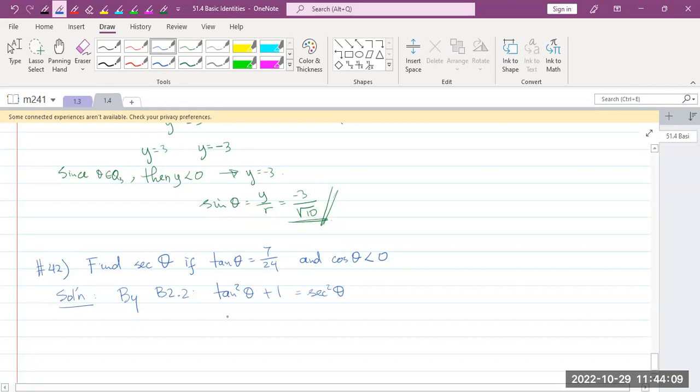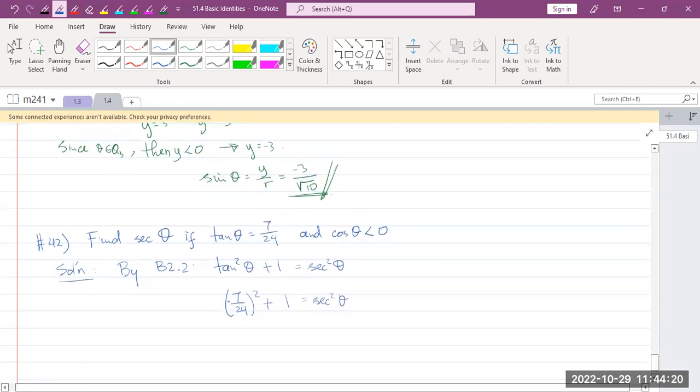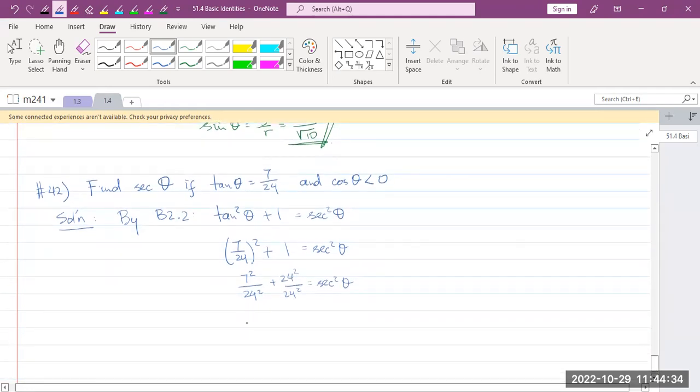Okay, now let's plug this in. So 7 over 24 squared plus 1 equals secant squared theta. So we get 7 squared over 24 squared plus, let me do LCD right away. 7 squared is 49. 24 squared is 576 over 24 squared.